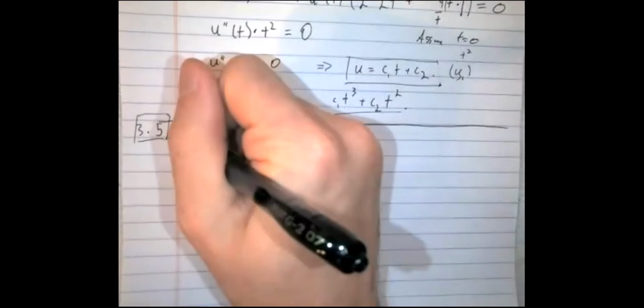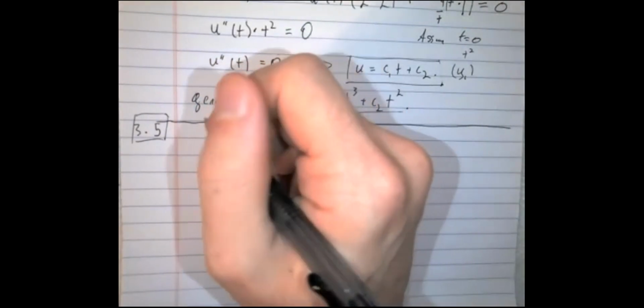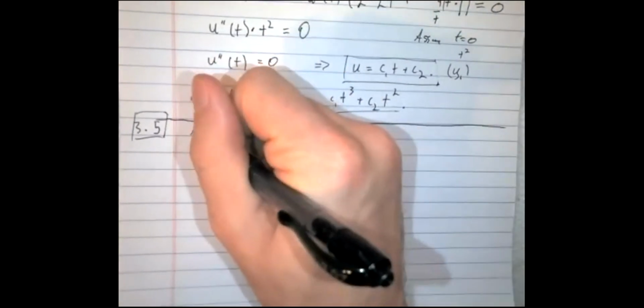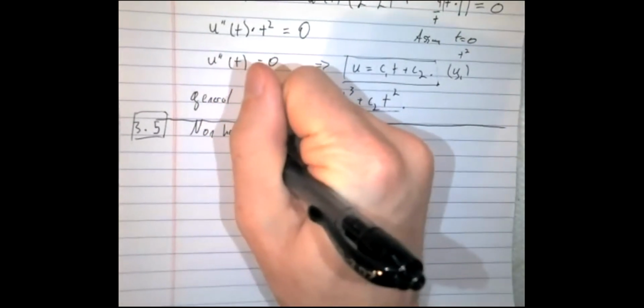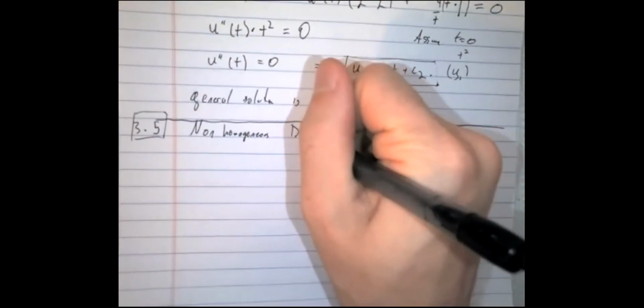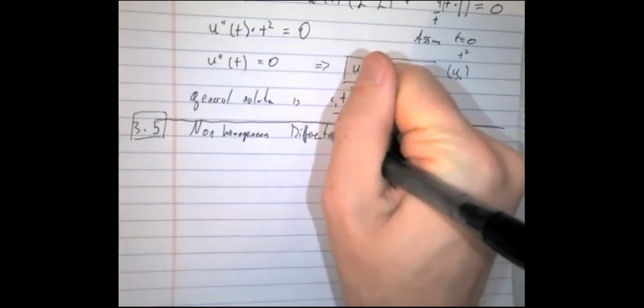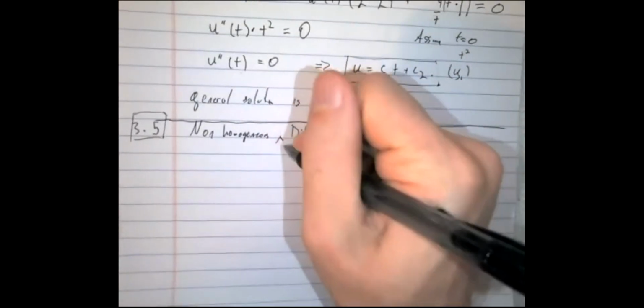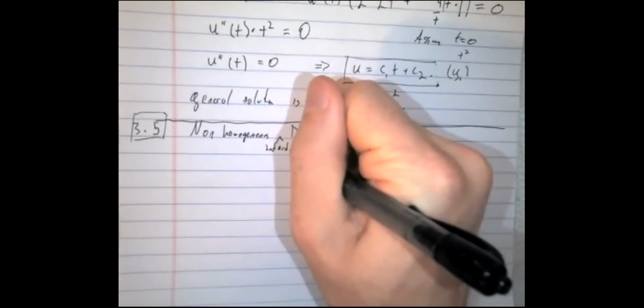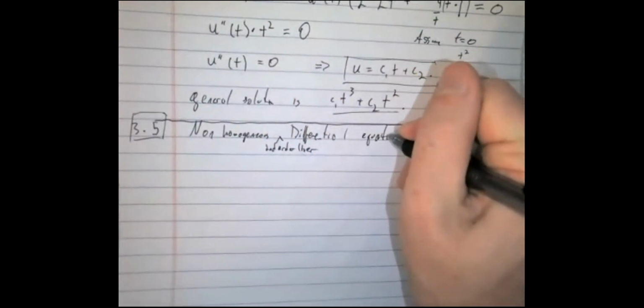So now what we add back into the mix is we're going to examine non-homogeneous differential equations. But still, of course, second order linear. Non-homogeneous second order linear differential equations.